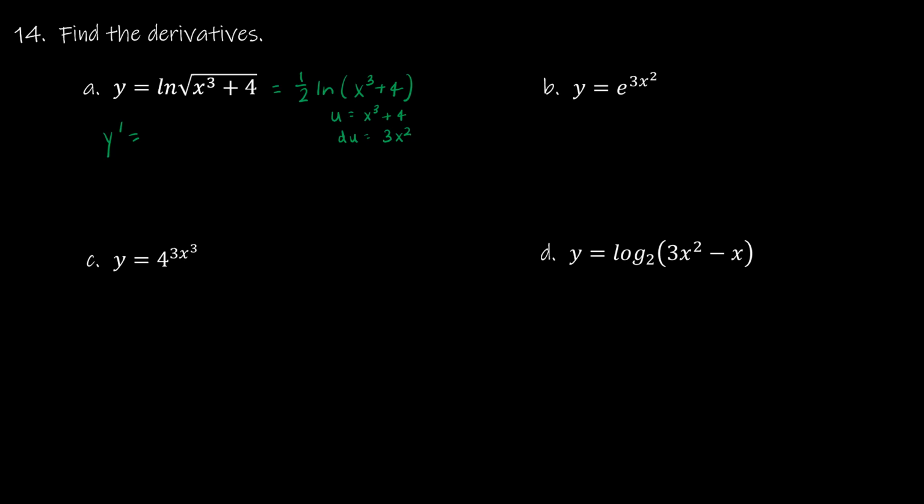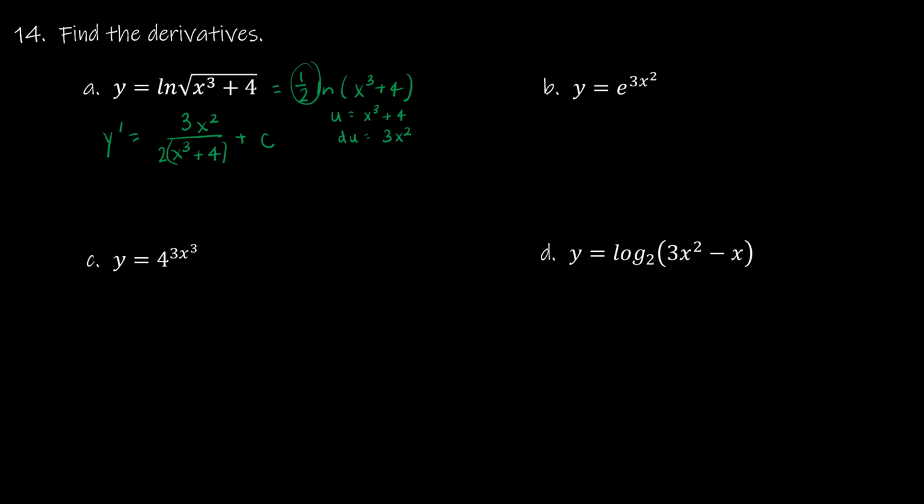So remember that if I'm taking the derivative of a natural log function, it's going to be u prime over u. So u prime, or du, is going to be 3x squared in this case, and u is x cubed plus 4, but we forgot the 1/2, so I'm going to put the 2 right there.